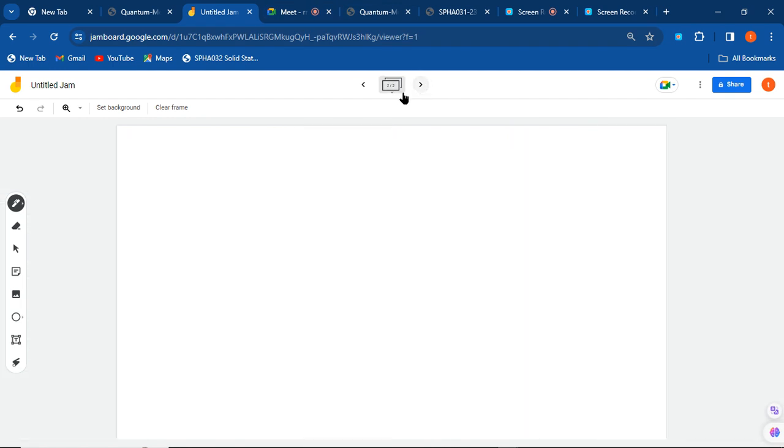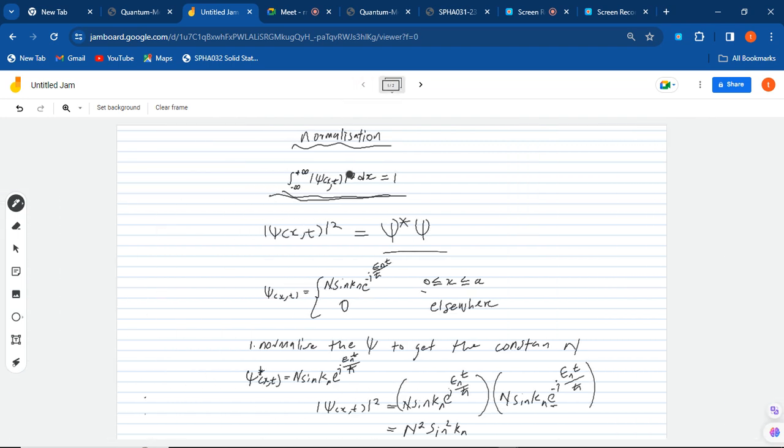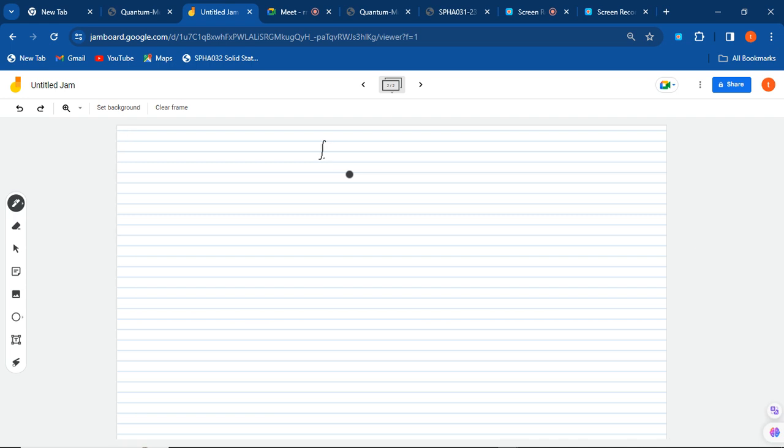So it's going to be the integral, because now this is from 0 to a, right? It means you have to say this integral is from 0 to a.